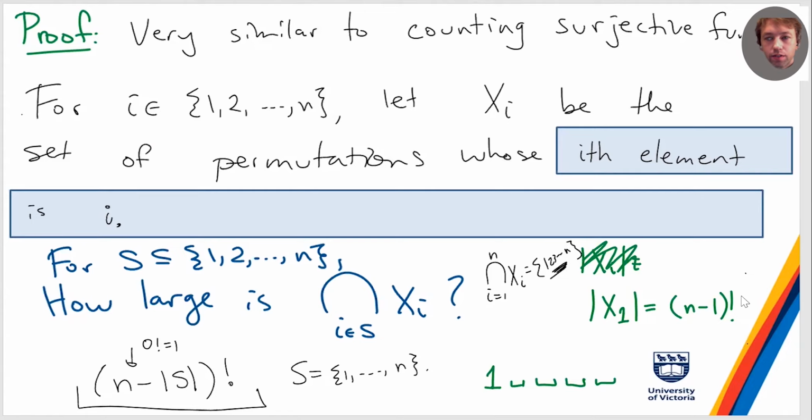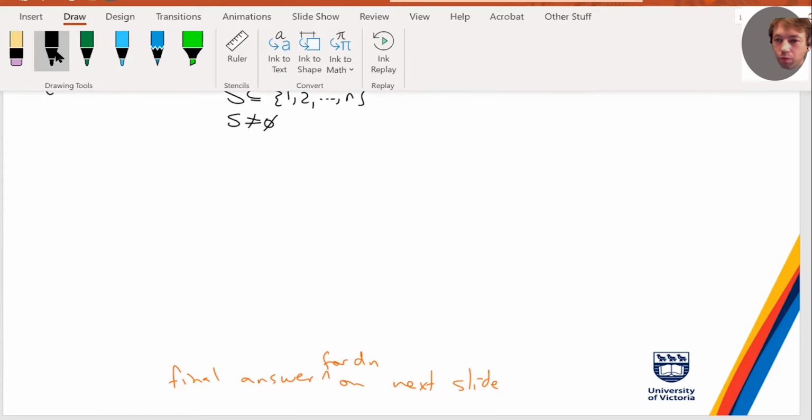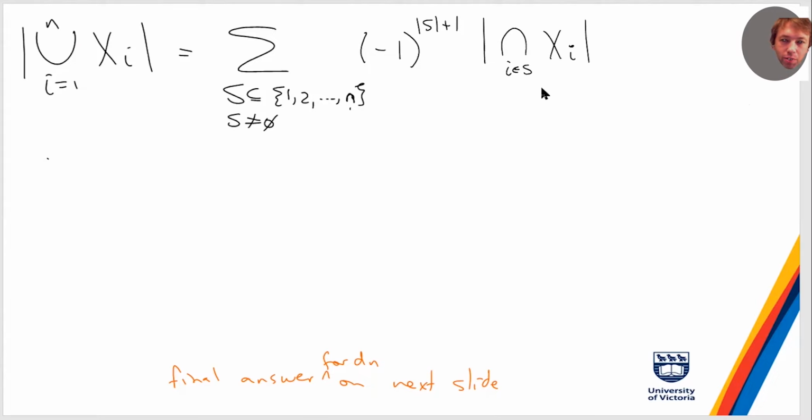Now by inclusion-exclusion, our favorite trick, we can write this as the sum over all non-empty subsets S of 1 up to n of (-1)^(|S|+1), times the size of the intersection over i in S of x_i. And we know what this is: it's (n minus |S|) factorial.